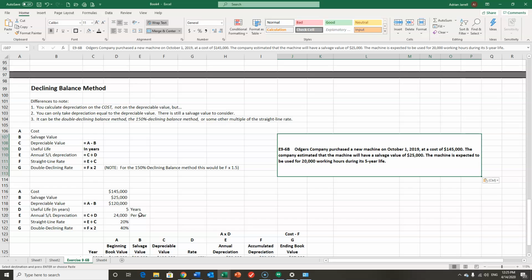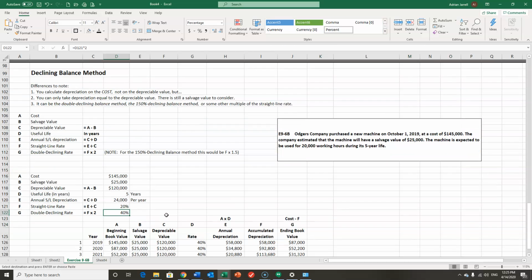Annual depreciation, straight line, is $24,000, 120 divided by 5. So the straight line rate, if you divide the annual straight line depreciation, 24,000, by the depreciable value, 120,000, you get 20%. And since this is double declining balance, the double declining balance rate would be twice that, or 40%.